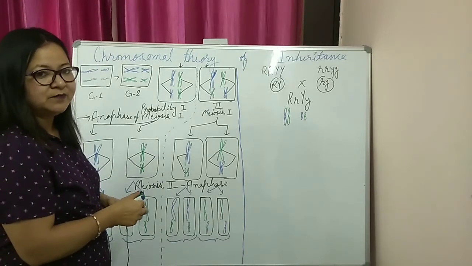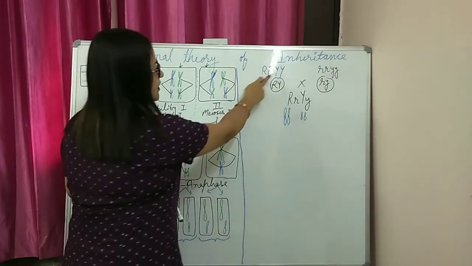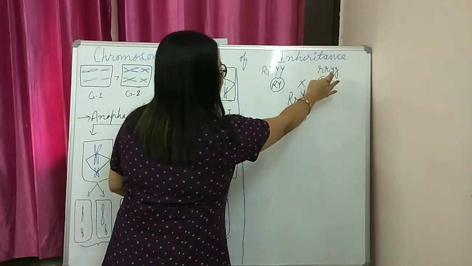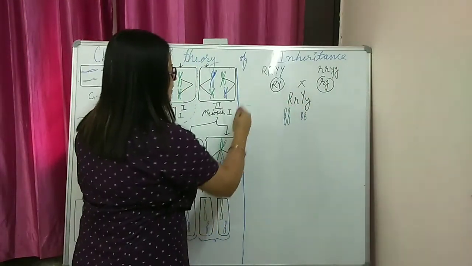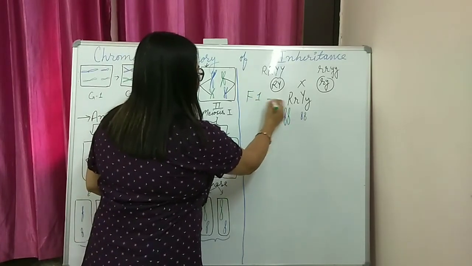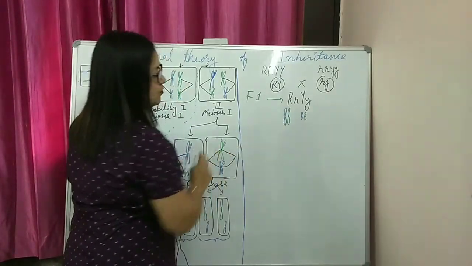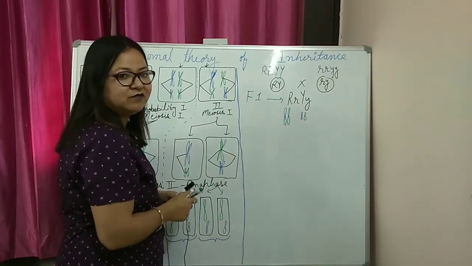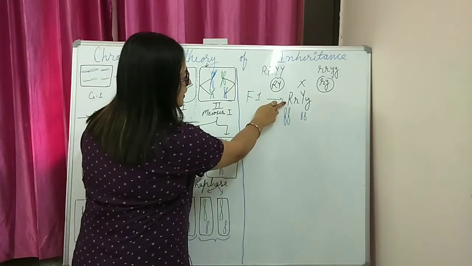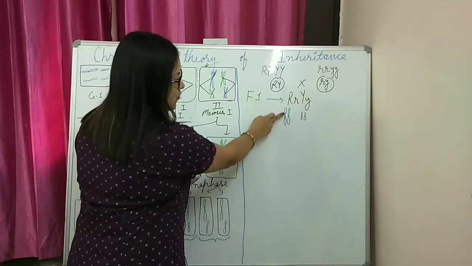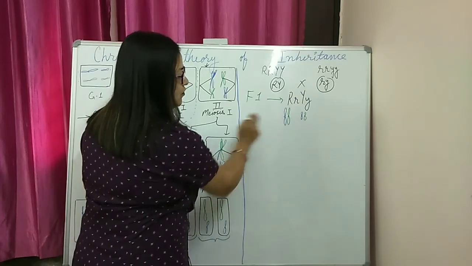To explain it further, I have taken the example of a dihybrid cross: capital R capital Y with small r small y. Here will be the gametes and this will be the F1 generation, capital R small r, capital Y small y. If I have to show it with chromosomes, these are the different forms of genes present on homologous chromosomes. For capital R I use a longer blue one, and for small r a longer green one, because they are homologous chromosomes.